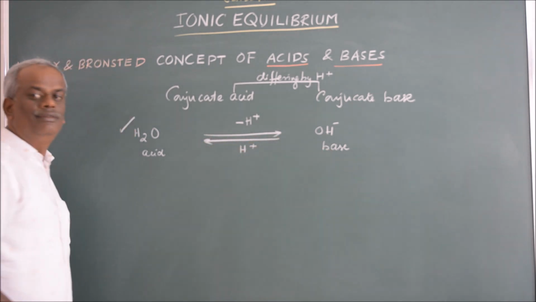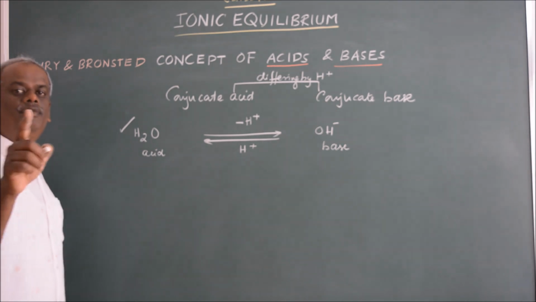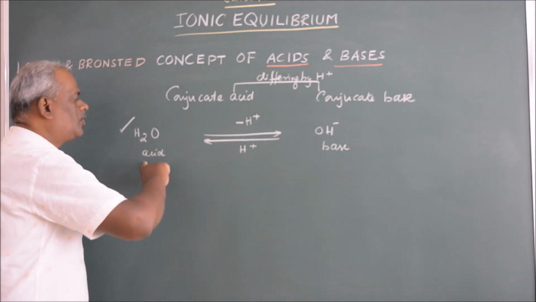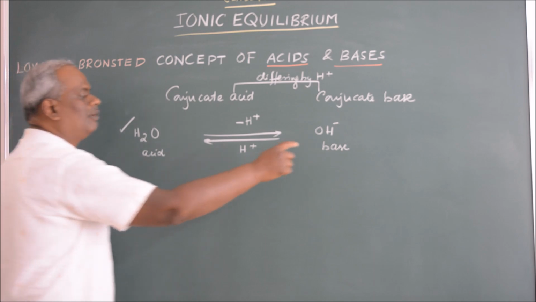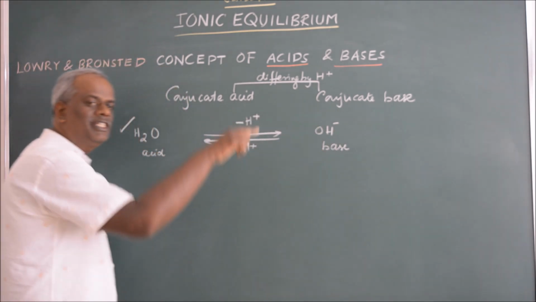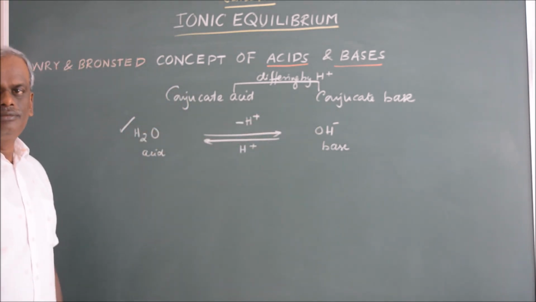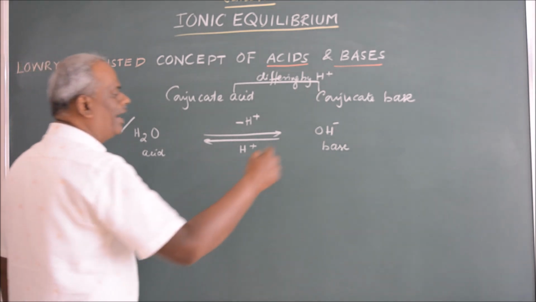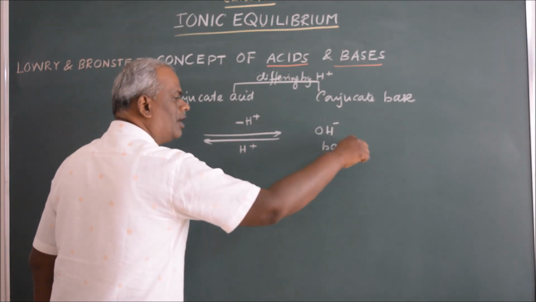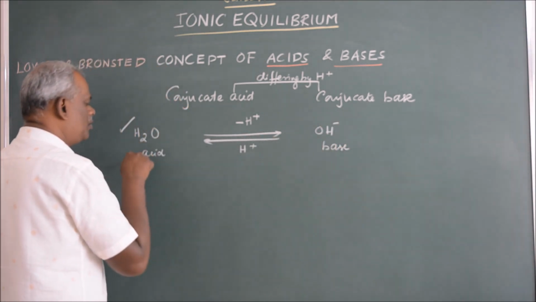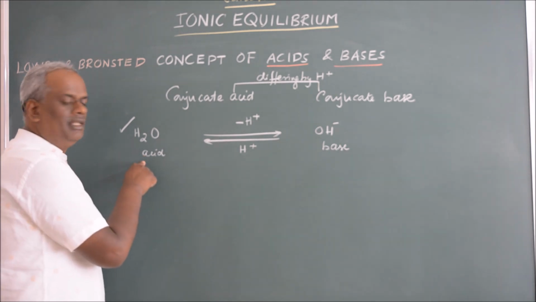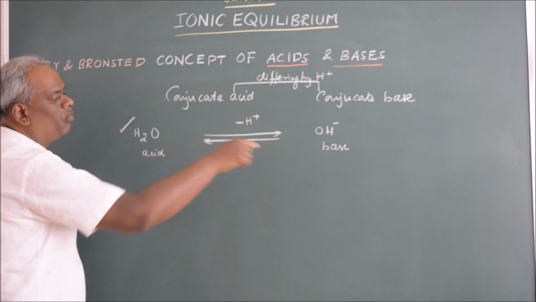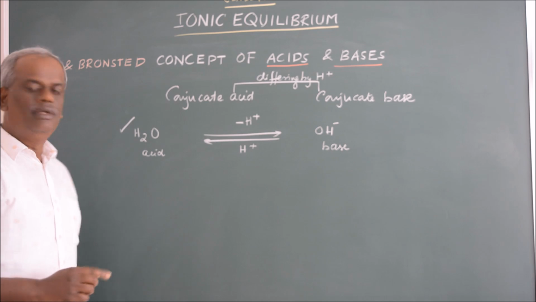Very simple. So an acid from which one proton is transferred gives a base. The result is a conjugate base. And when you add a hydrogen plus proton to this base, the result would be the acid. It is the conjugate acid of OH minus.